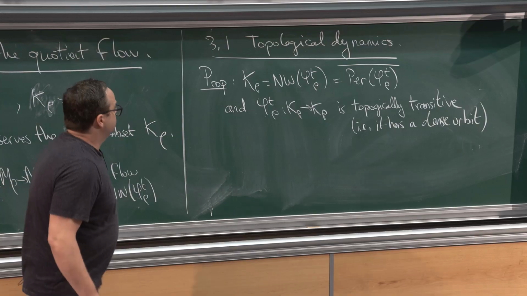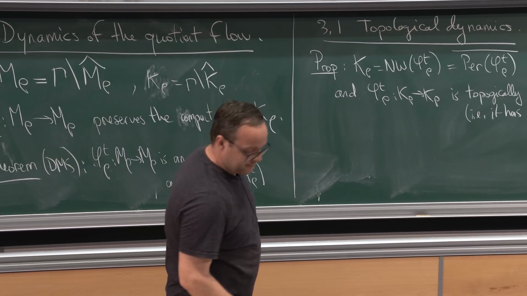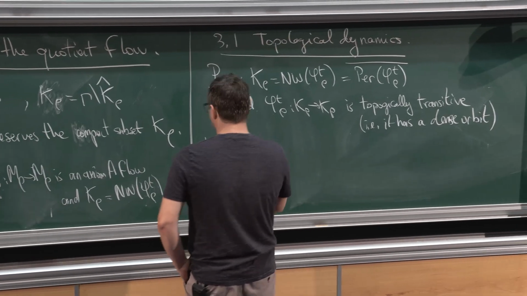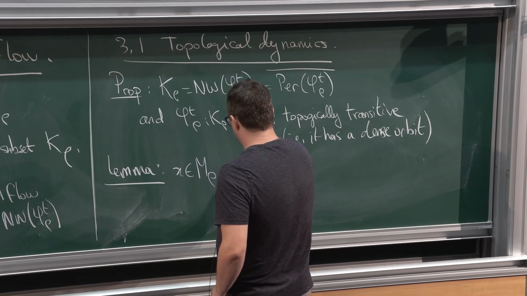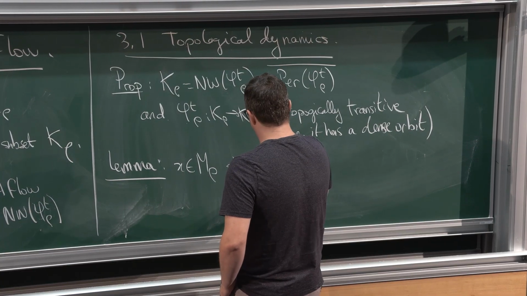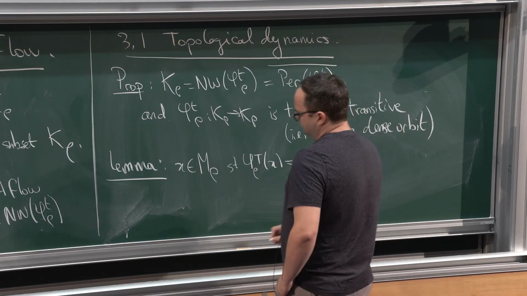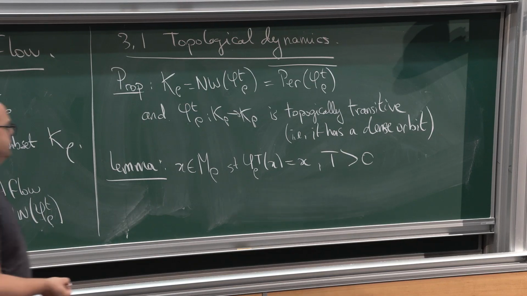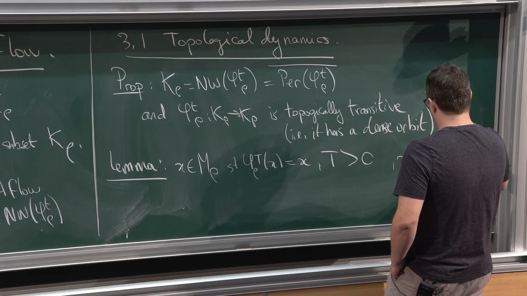Right, so let's start with periodic points and trying to understand what periodic points are, because that's the easiest part, right? So that would be a lemma. Let's say you have x in M rho, a periodic point, so its flow comes back to x for some positive time t, and you choose some lift v alpha.